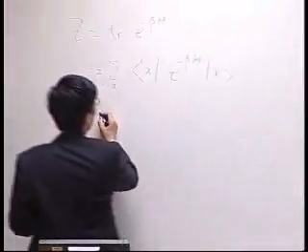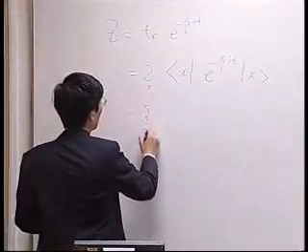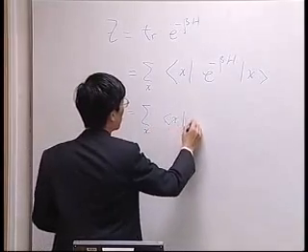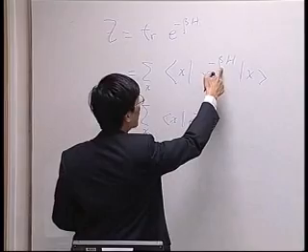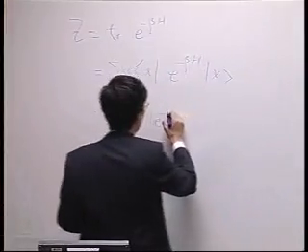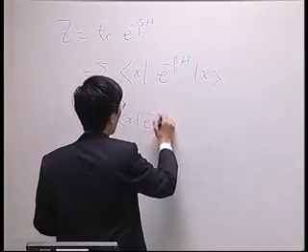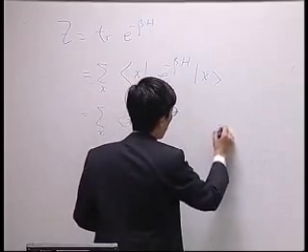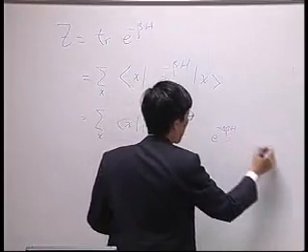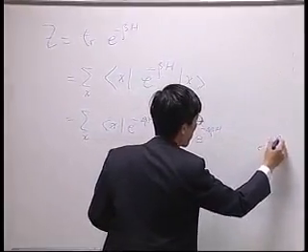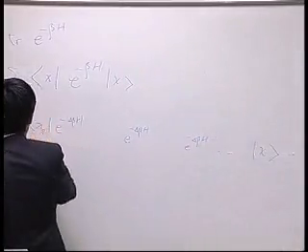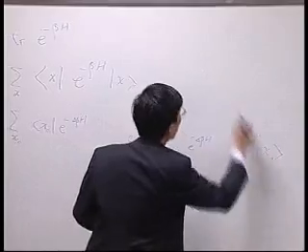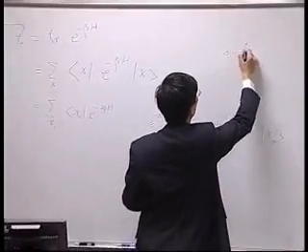Now, I do the following. I write this as, let me call this x0, and delta beta is beta over n.